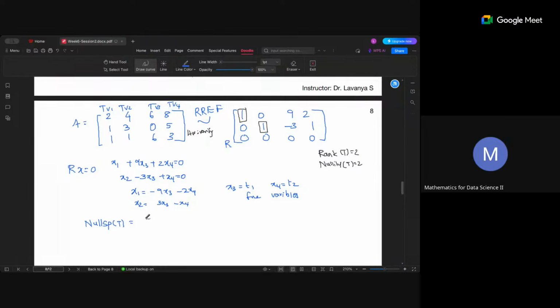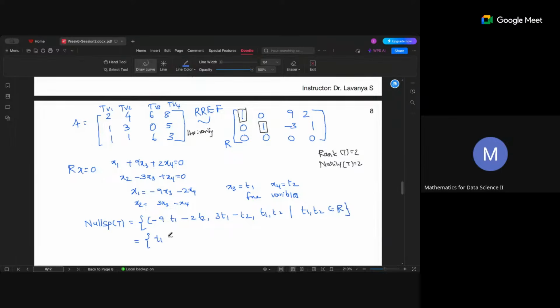The null space of T is the set of all (x1, x2, x3, x4), with x1 and x2 written in terms of x3 and x4: (minus 9t1 minus 2t2, 3t1 minus t2, t1, t2), where t1, t2 are in R.